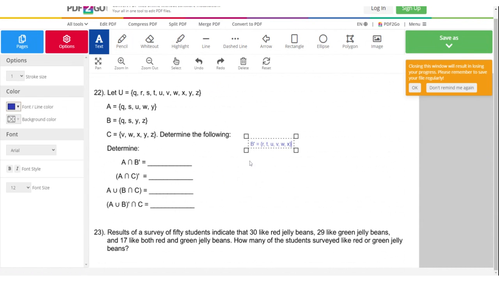So that's it. Now we got to take A and B complement to find out what this is. And we're talking about the common elements. So what's common between these two?